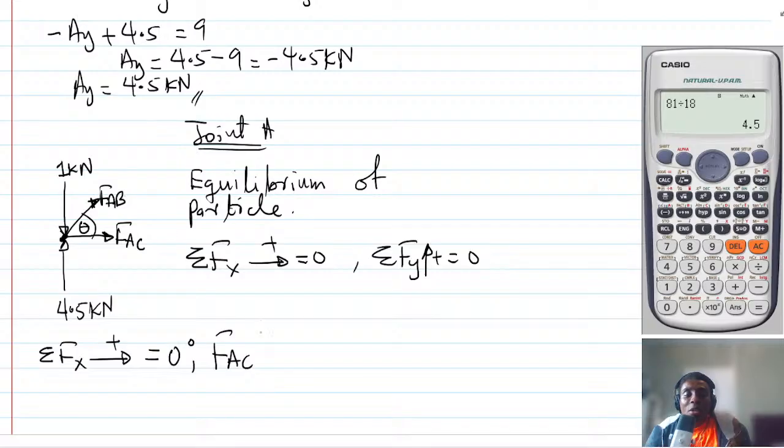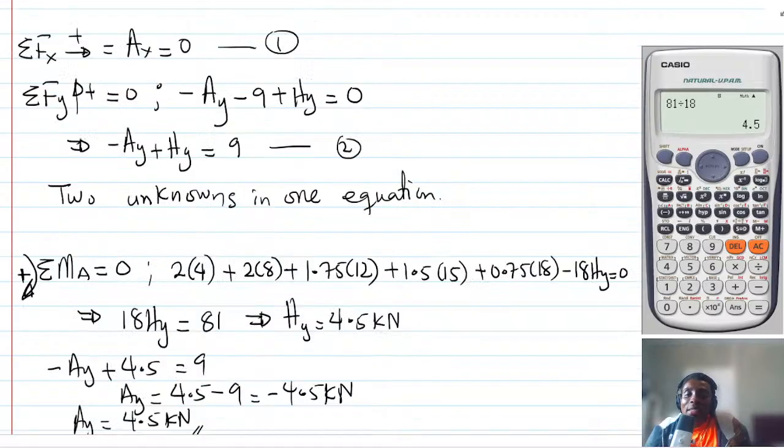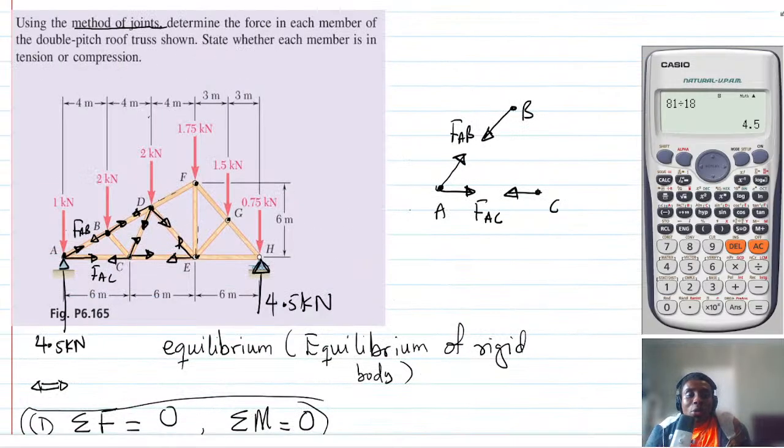Now FAB we don't know, but it is inclined at an angle. Guys, let's find this angle. If you look at it carefully, what do you think will be the angle? I'm talking about this angle here. What is this angle? That is going to be straightforward.